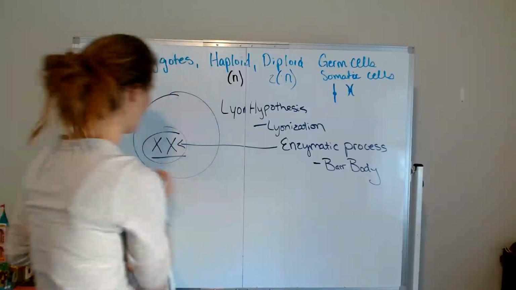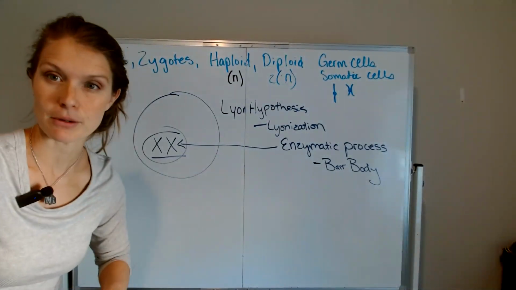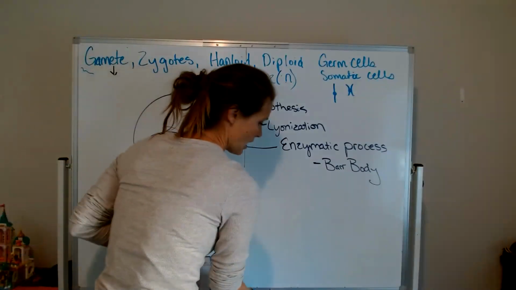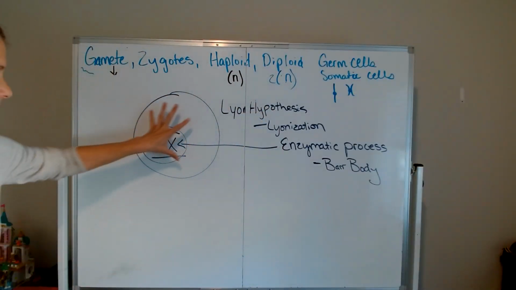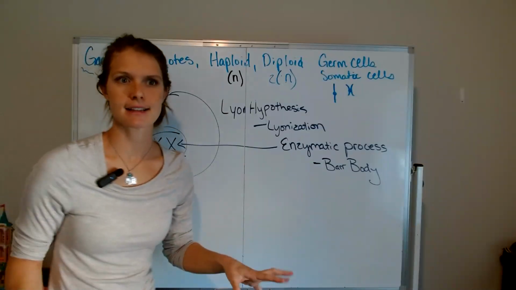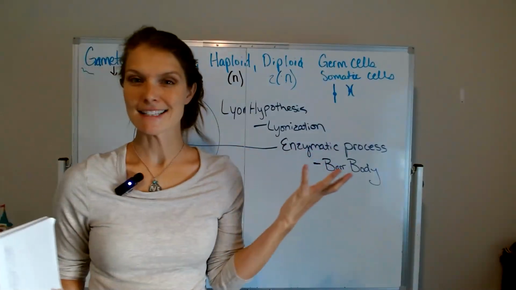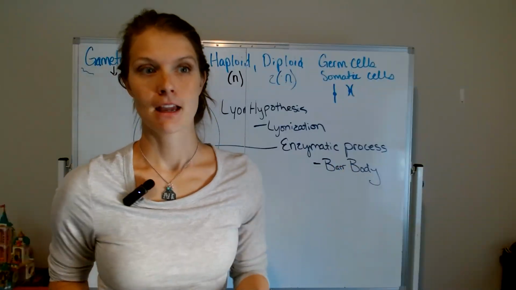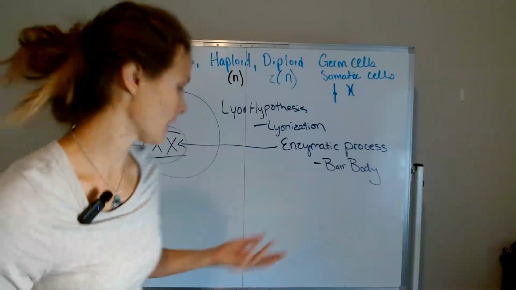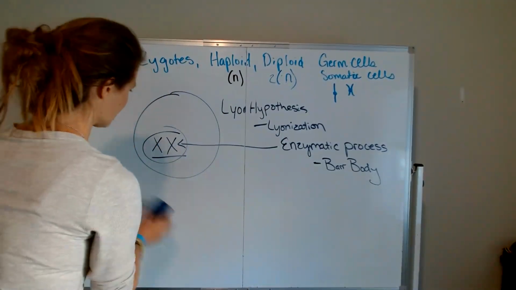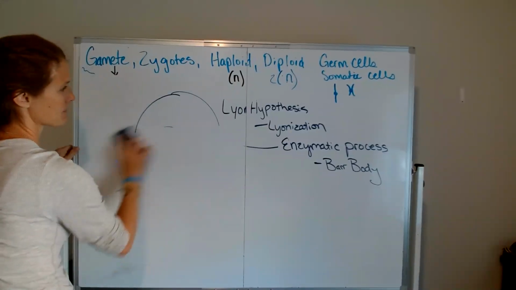Okay? And then the other one has its information, right? And that's what makes, remember, we have X dominant or X recessive disorders or developments, mutations, okay?